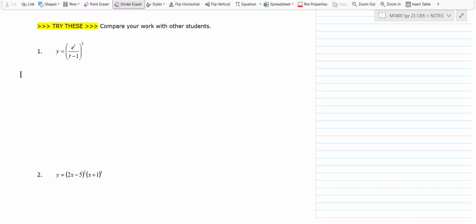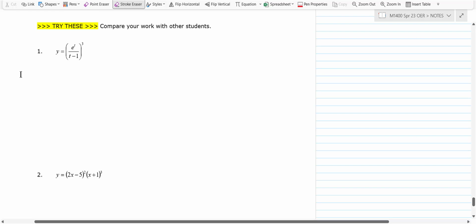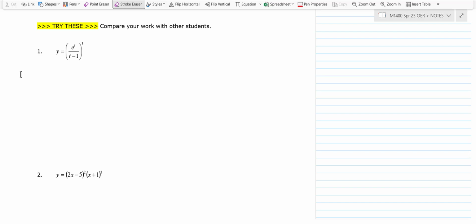Then you do it backwards: plus the second, I just have x plus 1, times the first, 2x minus 5, times the derivative of the inside. Okay? I want you to think through what I wrote down. Yeah.